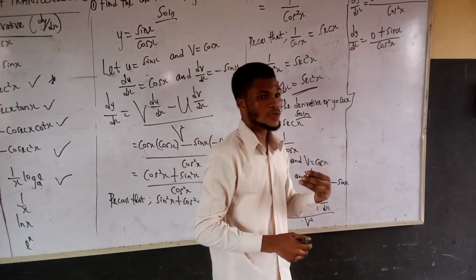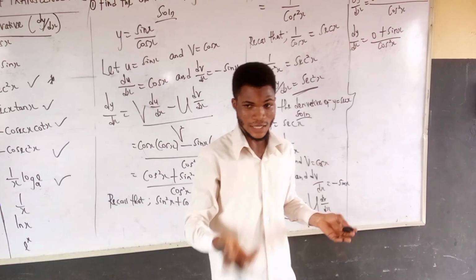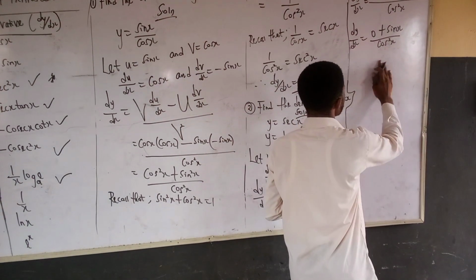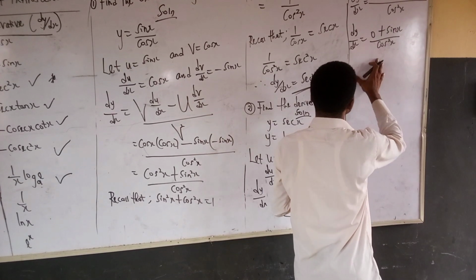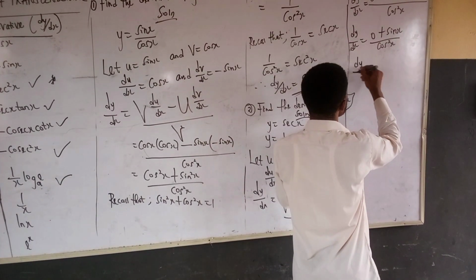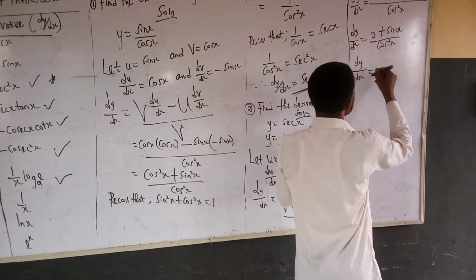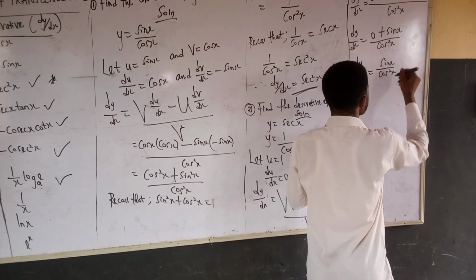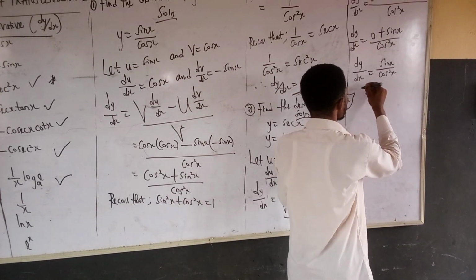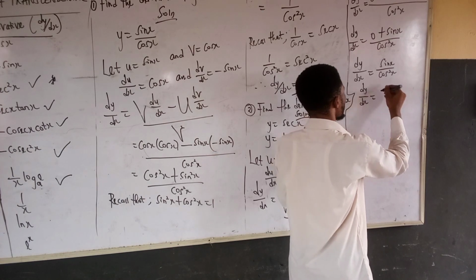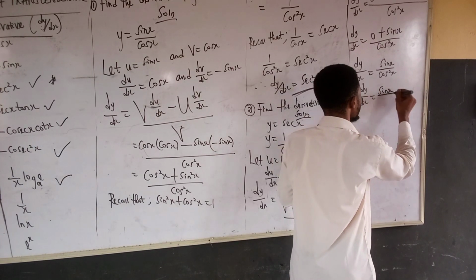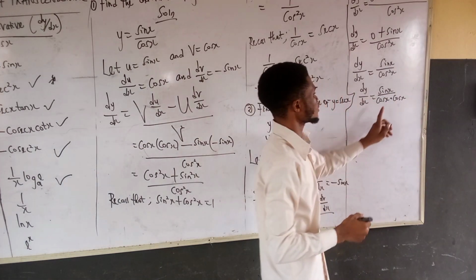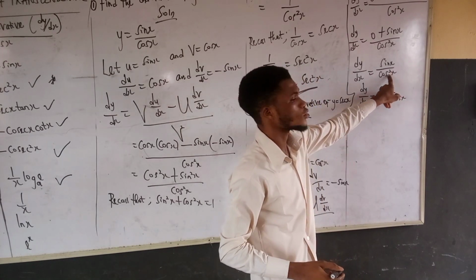Remember, cos square x simply means cos x times cos x. So definitely I can separate it. So dy/dx is equal to sin x divided by cos square x, which is the same as sin x divided by cos x times cos x.